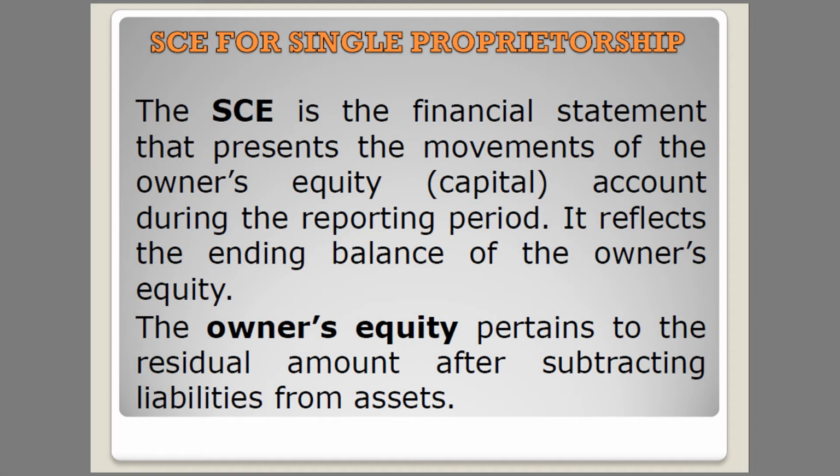The focus of today's lesson is the SCE for single proprietorship. We all know that SCE is the financial statement that presents the movements of the owner's equity or the capital account during the reporting period. So going back to the definition I gave a while ago, it starts with the beginning balance and then after the year or the reporting period, we will have an ending balance based on the owner's equity from all transactions involving equity.